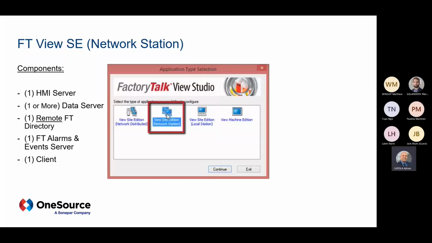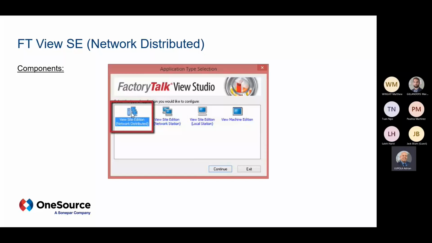Here you can connect to the remote directory, as I mentioned up here, because it's not local, which is really good for central management of your users, your computers, and your policies. It's still going to allow you to maintain that single independent HMI in the system. Basically, this is a PanelView running on a Windows box that is connected to a Rockwell Active Directory or FactoryTalk directory.